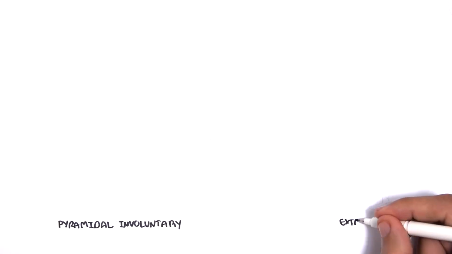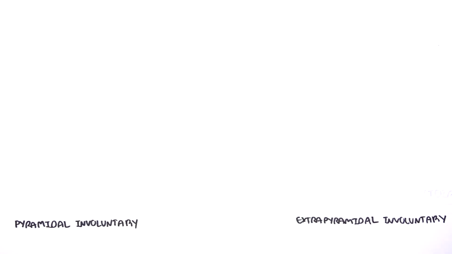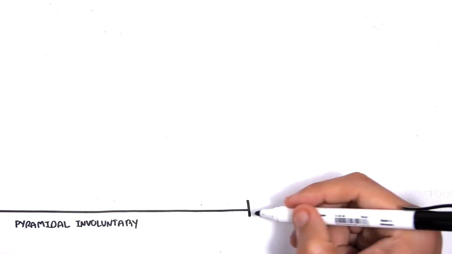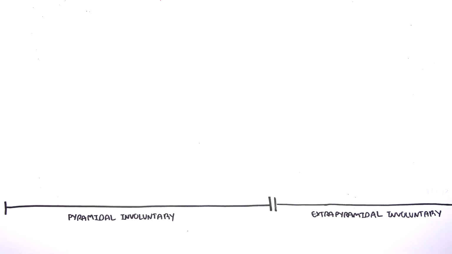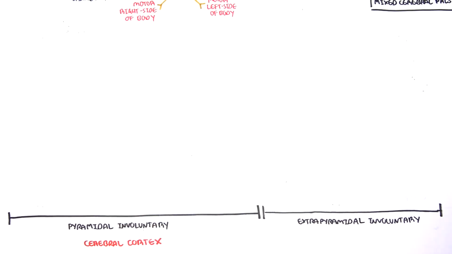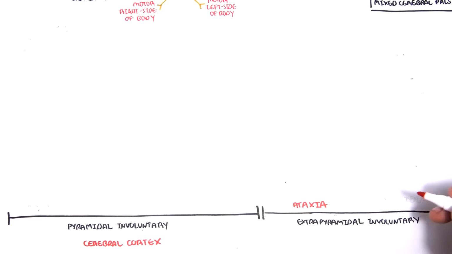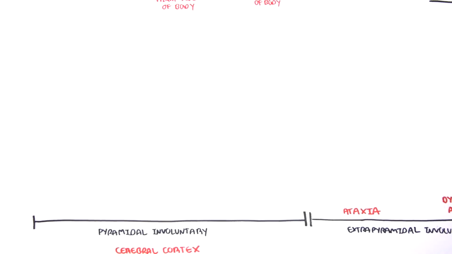Now, problems in the cerebral cortex cause spastic cerebral palsy, and it is part of the pyramidal voluntary group. Whereas extrapyramidal cerebral palsy affects the cerebellum and/or basal ganglia and is called ataxic or dyskinetic or athetoid cerebral palsy.